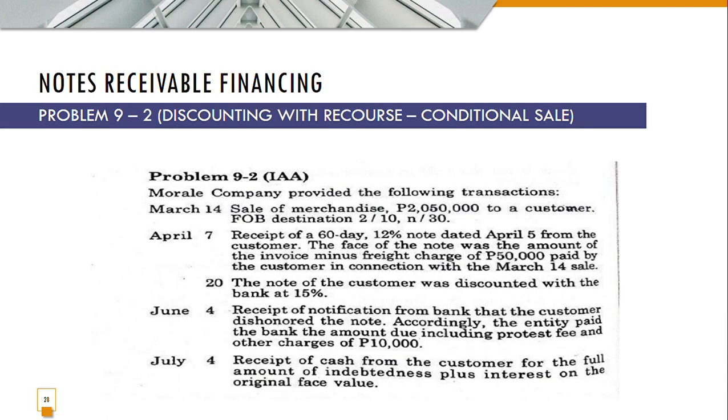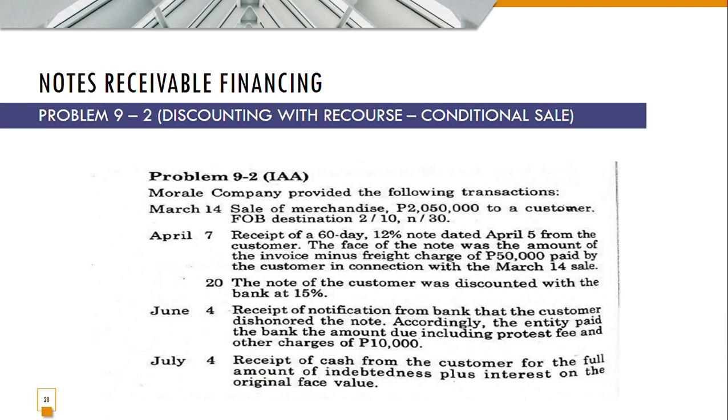On April 7, receipt of a 60-day 12% note dated April 5 from the customer. So the customer can't pay within 30 days, so that's why they issued a note on April 5. The face of the note was the amount of the invoice minus freight charge of 50,000.